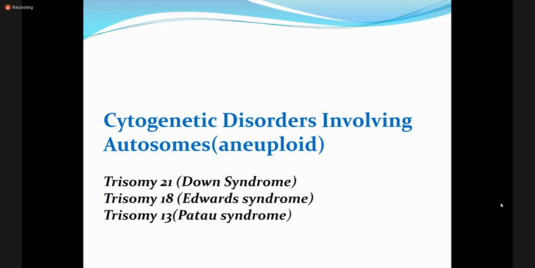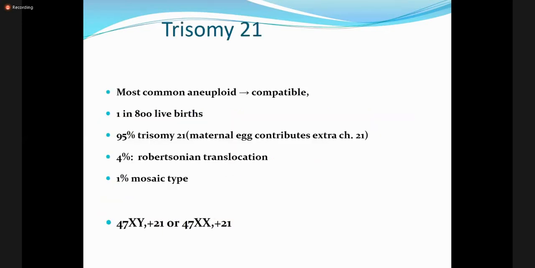The topic was to discuss the inheritance and pathophysiology of Down syndrome, Turner syndrome, thalassemia minor, sickle cell anemia, and cystic fibrosis. So here is the pathophysiology of Down syndrome, trisomy 21. It is the most common aneuploidy compatible with life, 1 in 800 live births.